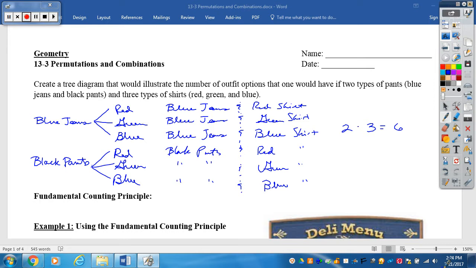You may have to rewind to jot that down, but it goes back to what we just said. The product of the 2 gives us the total number of options you have.